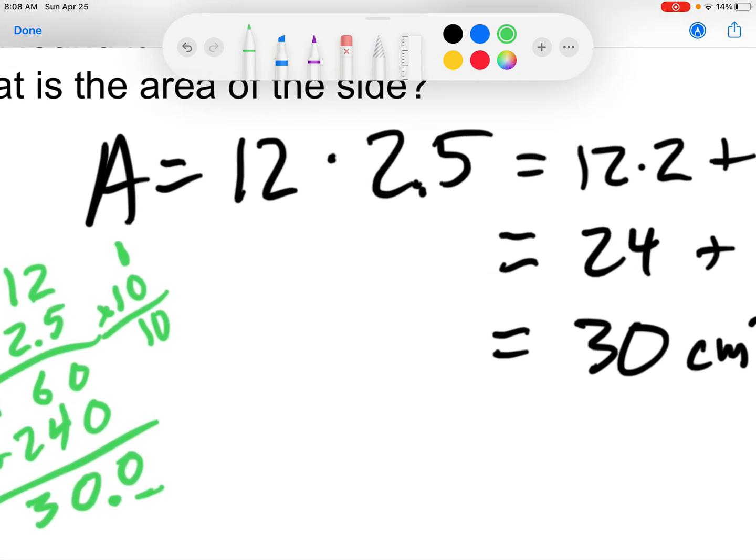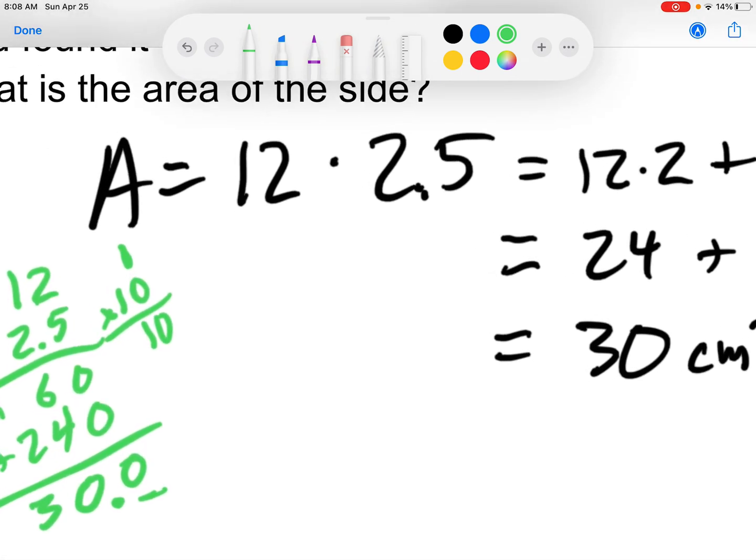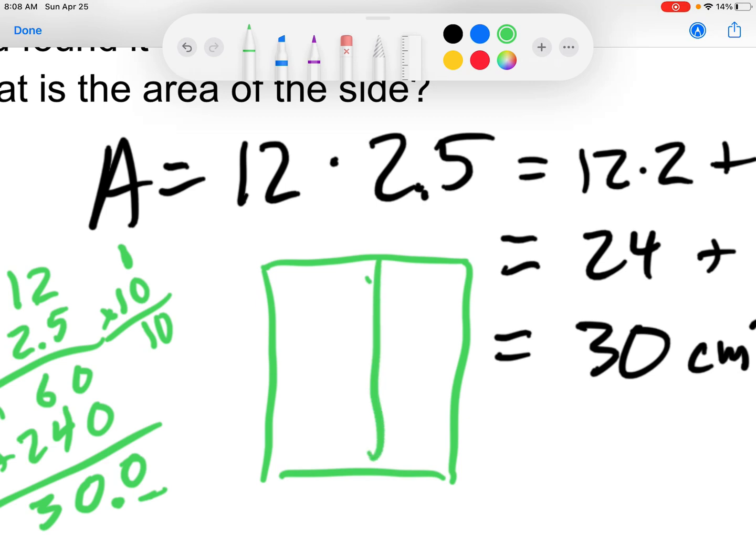And how about last but not least, 12 times 2.5. You could do a generic rectangle too. And that generic rectangle could be 10 plus 2 for the 12, and then 2 plus the 0.5 here.